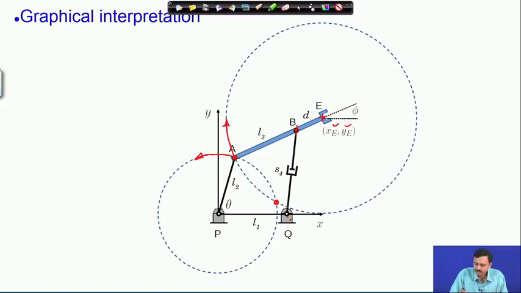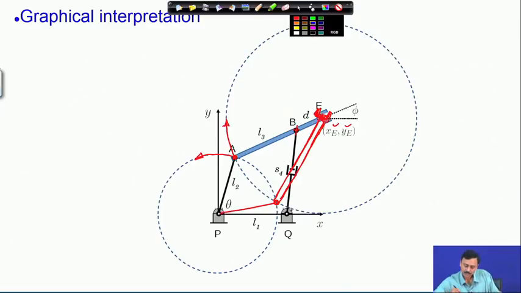There is another configuration which looks like this. So, this is the end effector link, and let me draw the prismatic actuator, the other leg.